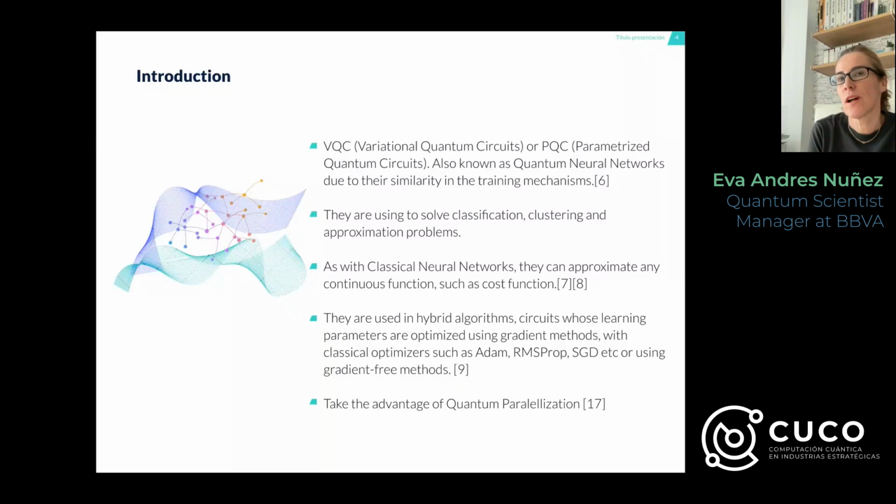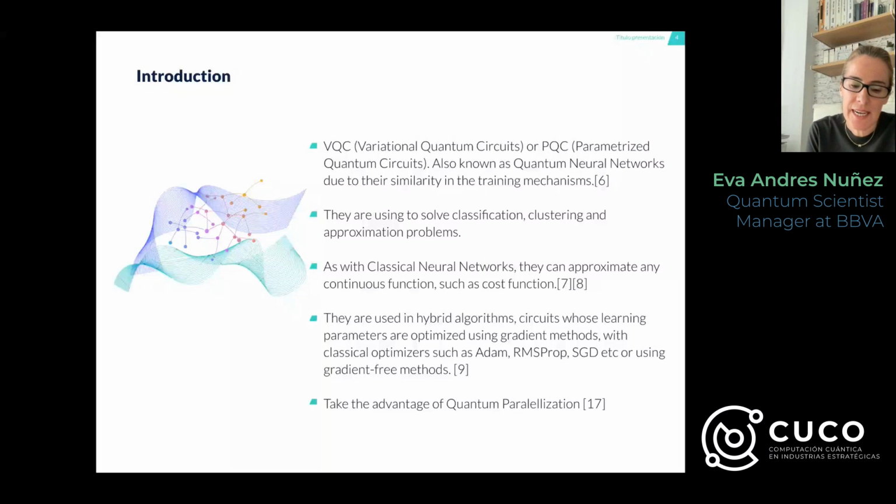If we decide to use a gradient-free method, we can select evolutionary algorithms, for example, genetic or PSO, among others, or natural gradients. But if we want to work with a gradient method, we have to use a classical optimizer, for example, Adam, RMSprop, or SGD, among others.